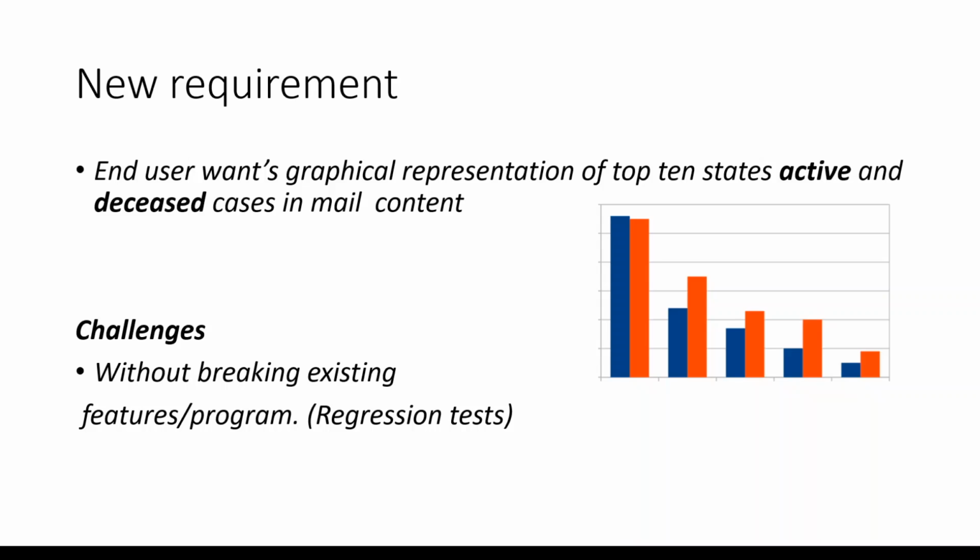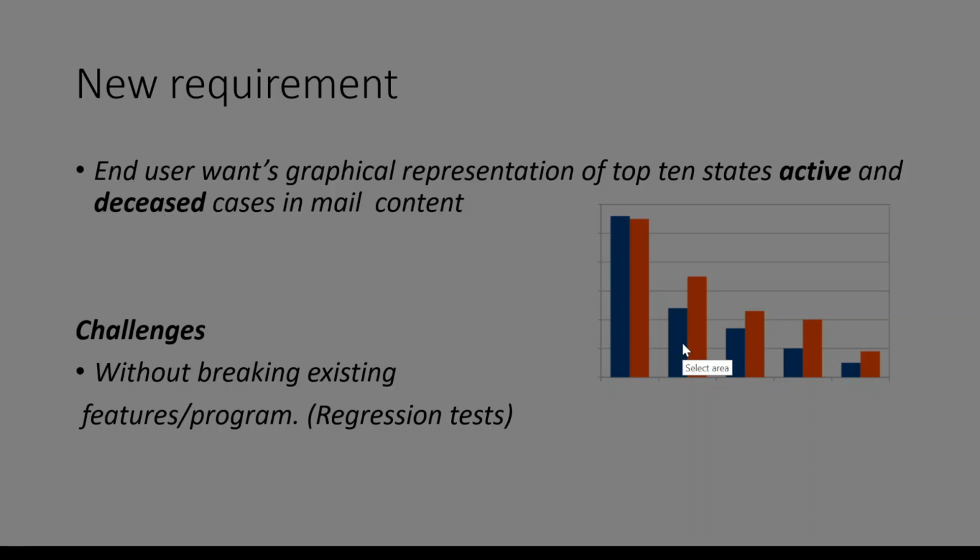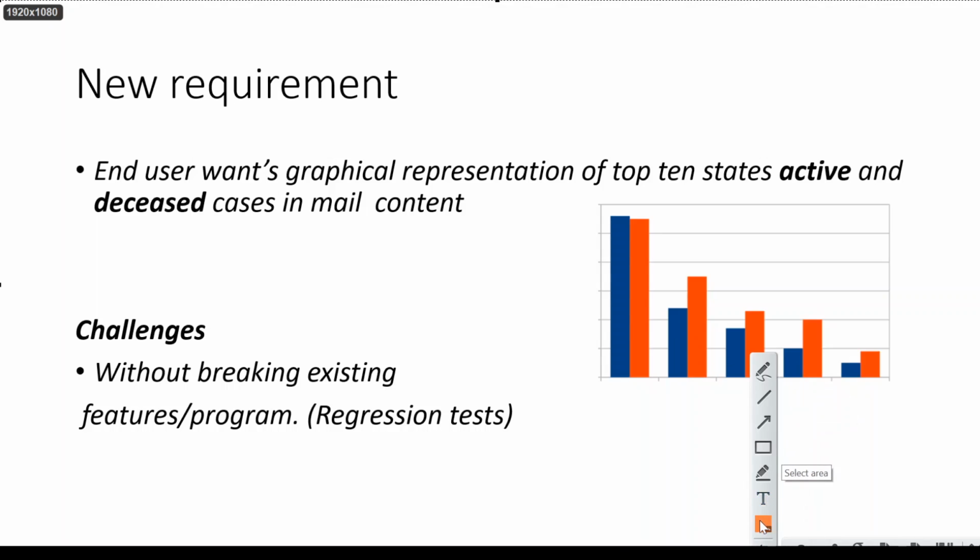So how do you make sure that the new requirement is inserted without any problem? We need to write code for this, maybe use some graphic libraries, get the data, and change a few things. Let me get into writing mode.